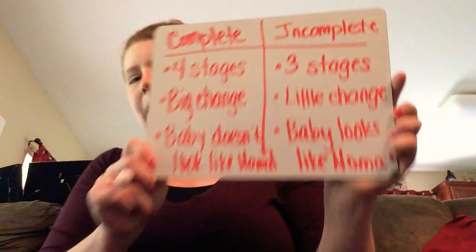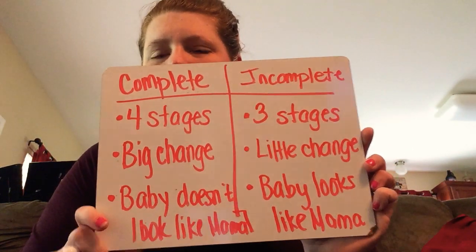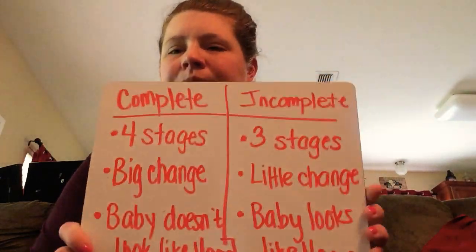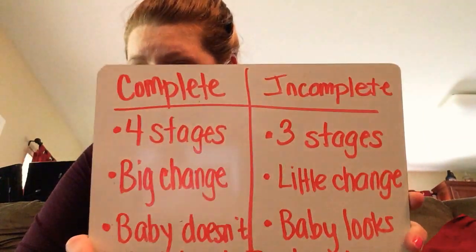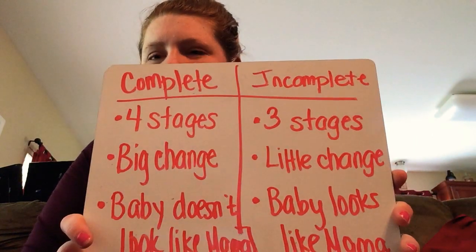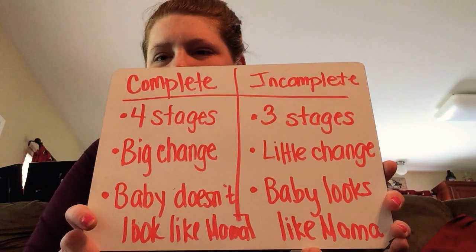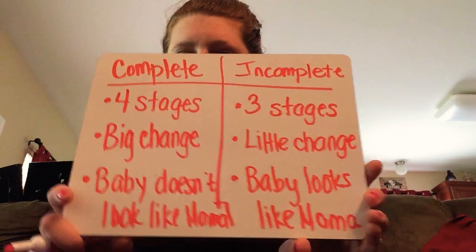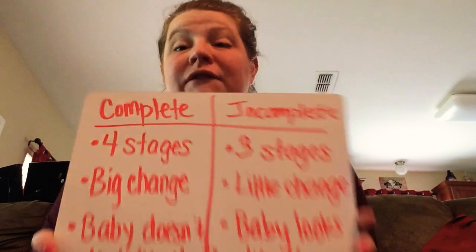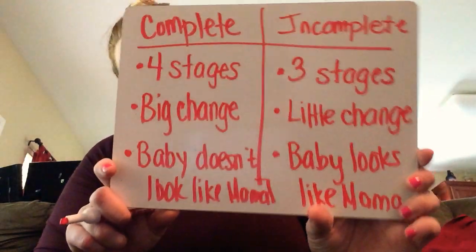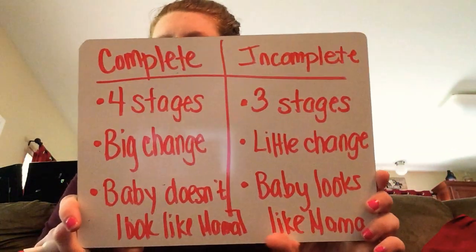So it's sometimes hard to tell the difference between a nymph and a pupa, okay? And the 4 stages for complete are egg, larva, pupa or chrysalis, and adult. You got that. The 3 stages for incomplete are egg, nymph, and adult, okay? So that's a review from last week.